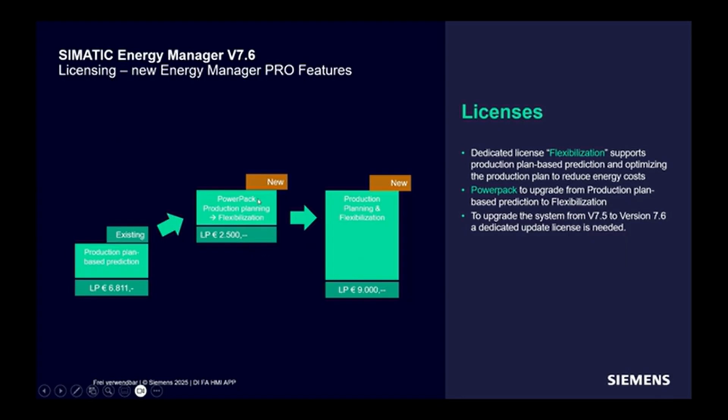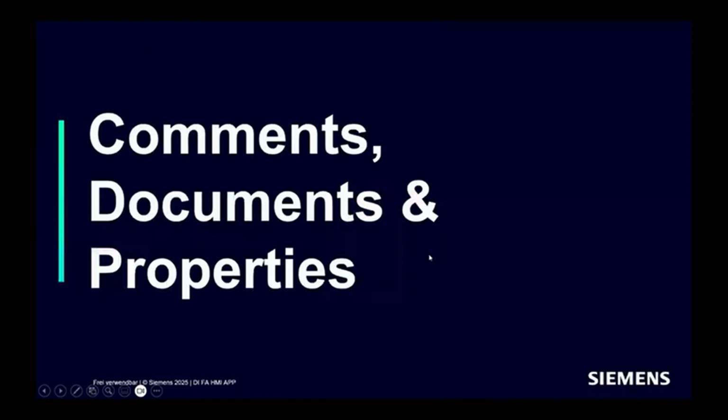You can upgrade with a power pack production planning in the direction of flexibilization to get these higher list prices. This is only the German list price of the software, which combines the production planning tool with the flexibilization. So there is an upgrade license available now for version 7.6.